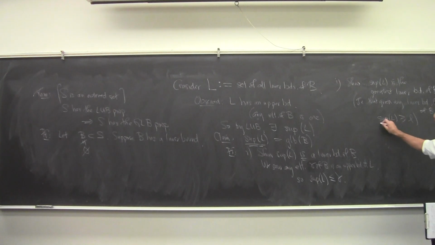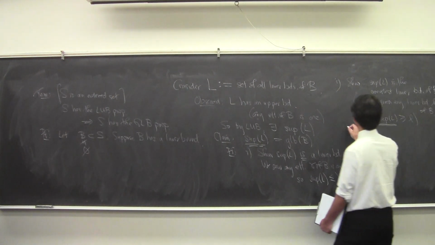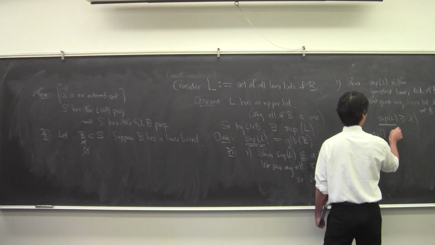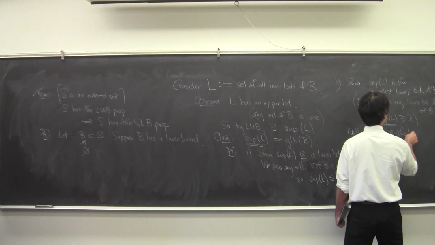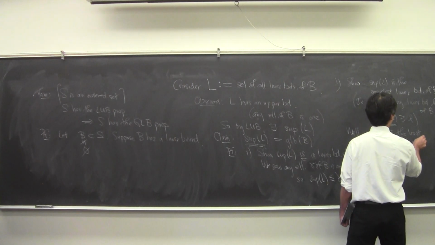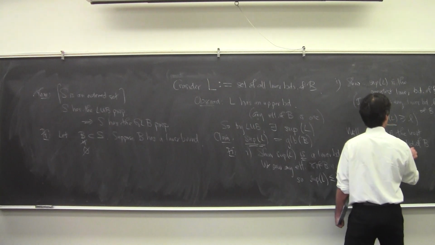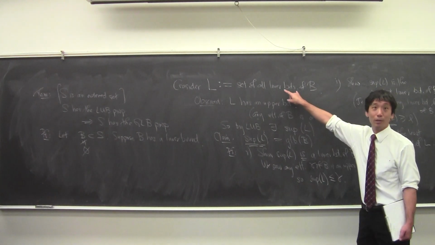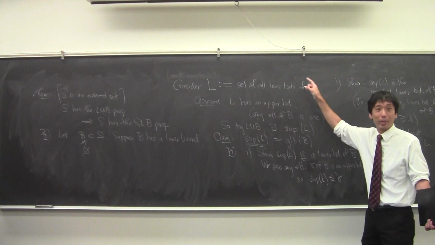By definition, the supremum of L is the least upper bound of L. Sorry, I'm going crazy here. So it's an upper bound for the set of all lower bounds. So of course it's bigger than all lower bounds.